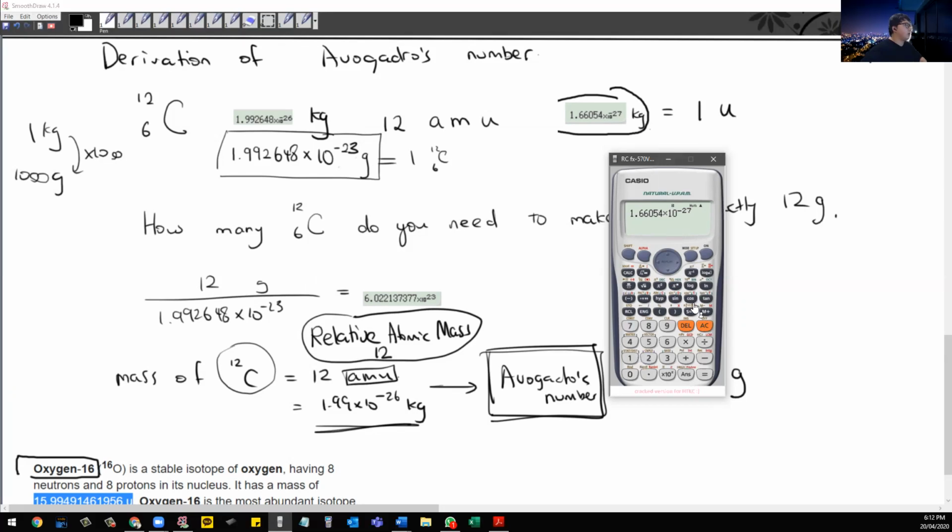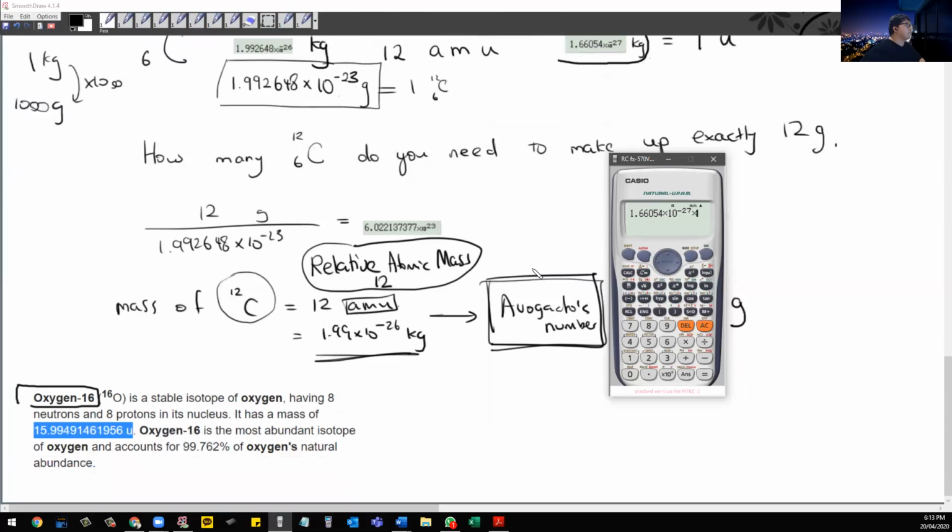Now times that by this much U. 1 U is this many kilograms, so times by 15, almost 16, 15.99491461956. Then this is the mass of a single oxygen 16 in kilograms, right?